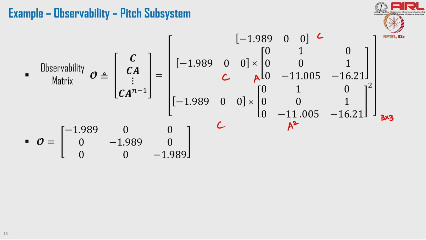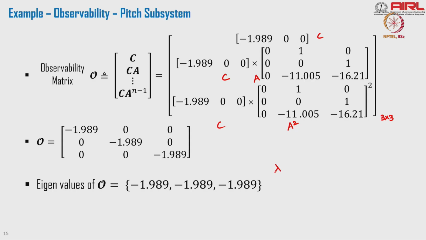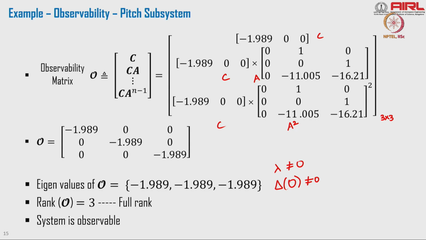We get this nice observability matrix which just has minus 1.989 on its diagonals, which just means that the eigenvalues of the observability matrix are just minus 1.989 three times, and none of these are equal to 0, which means that the determinant of this observability matrix is not equal to 0. This means that the observability matrix is indeed full rank, with the rank being 3, and that means that the system is observable.